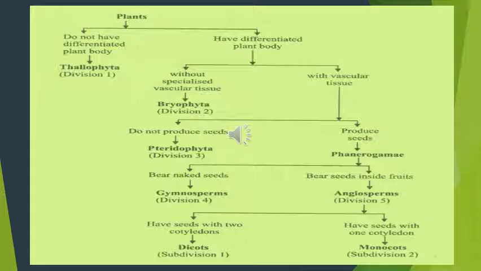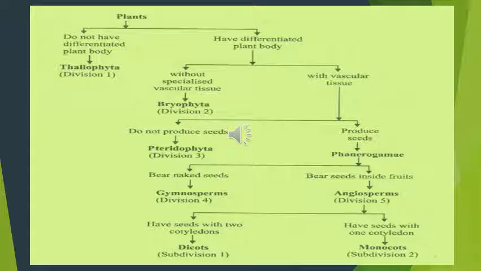Then the second one is the character that have differentiated body parts. अब इसके अंदर भी हम दोबारा से किस चीज पे क्लासिफाई करेंगे? हम क्लासिफाई करेंगे whether the vascular tissues are present or not. Vascular tissue means the vascular bundle, the xylem and phloem. So without vascular tissue, Bryophyta, this is the second division, and with vascular tissue, the third division is there, that is Pteridophyta, that is unable to produce seeds.